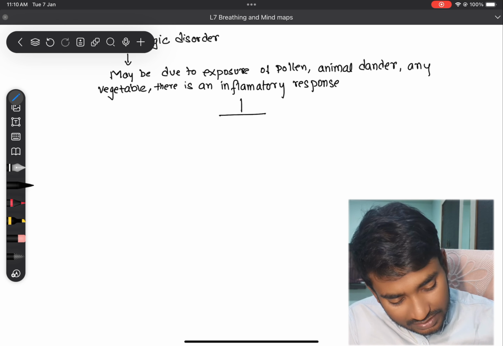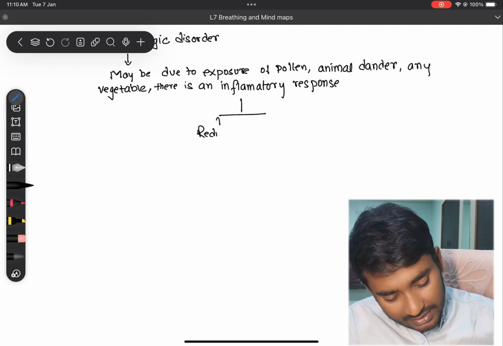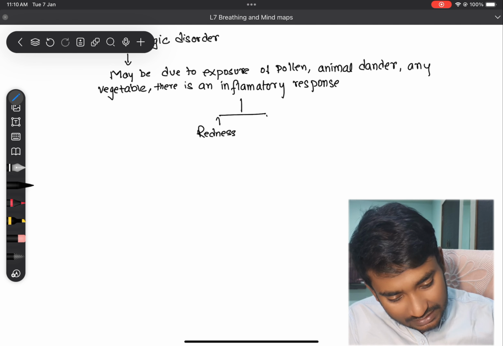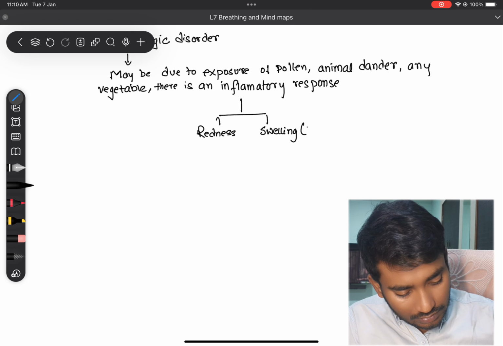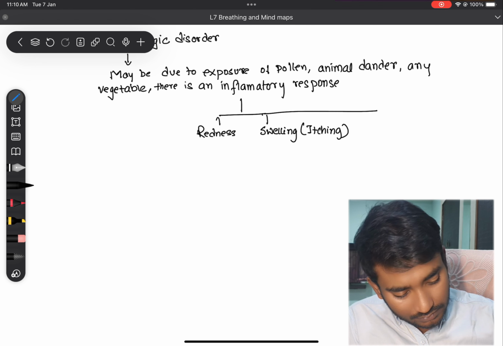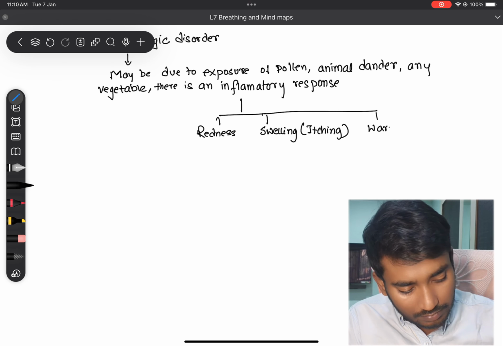So how does the inflammatory response happen? Redness, itching, swelling, itching, warmth.